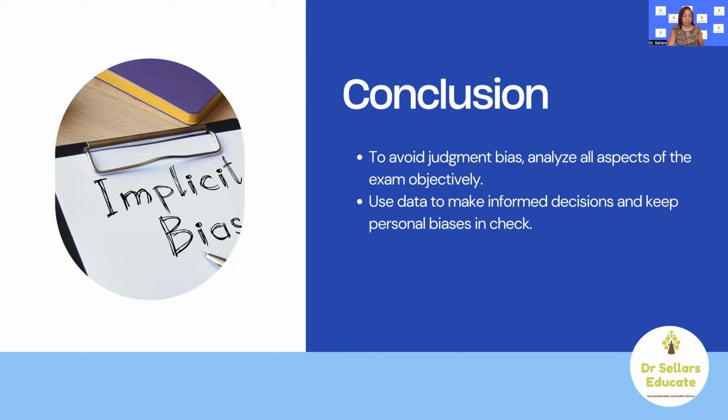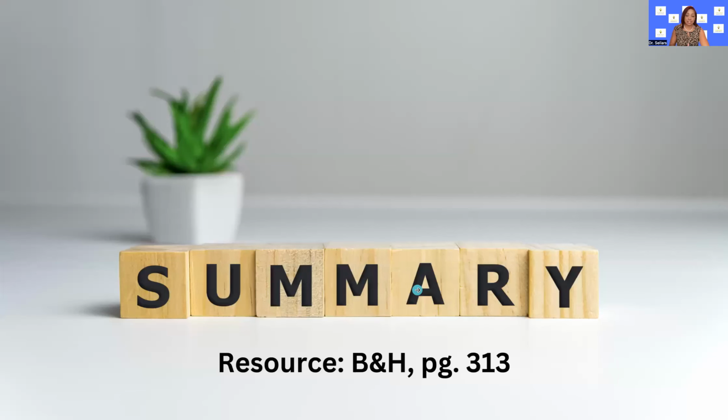Now, we know that we can't change students' mindset, but what we can do is create a judgment-free zone and work in an effort to decrease our judgment biases with our students so that we decrease the likelihood of them feeling that way, or at least us doing everything we can to decrease the likelihood that they will feel that way. So just think about that statement. That's pretty profound to think that even students walking in a room, having that mindset, feeling that way can directly affect their academic performance.